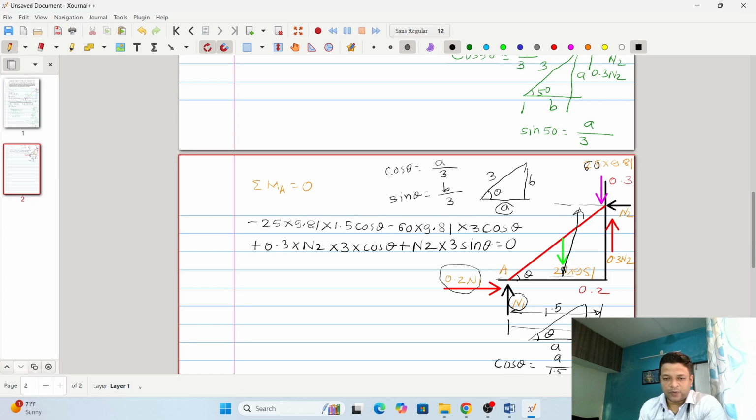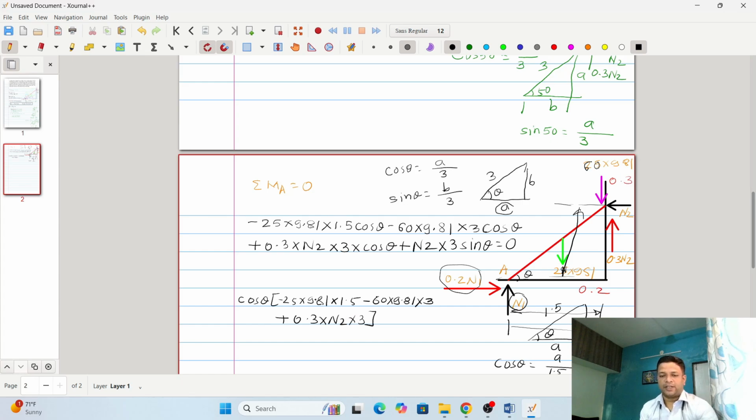Now keep the cos term to one side. So cos theta times the bracket is equal to minus 25 into 9.81 into 1.5, then minus 60 into 9.81 into 3, then plus 0.3 into N2 into 3.